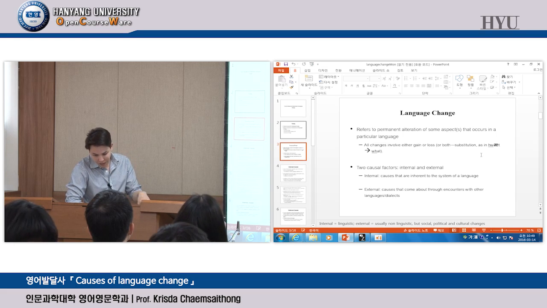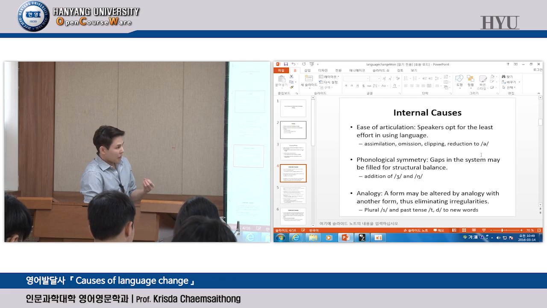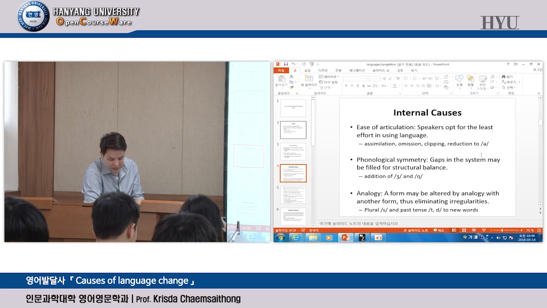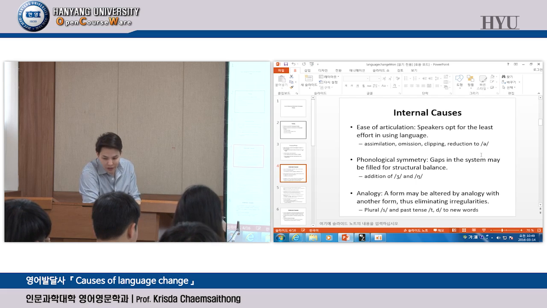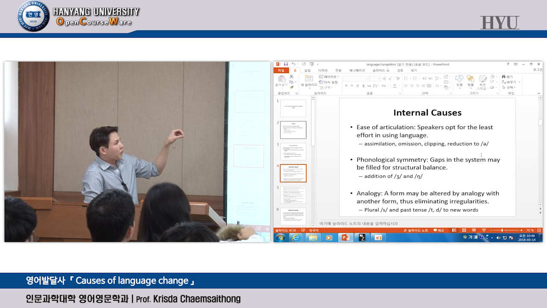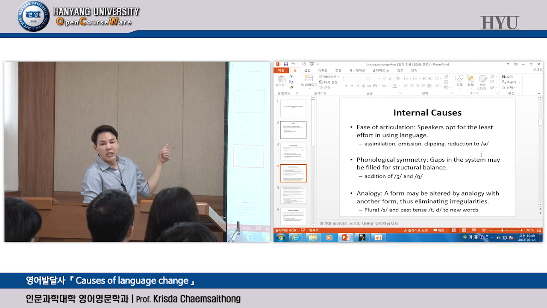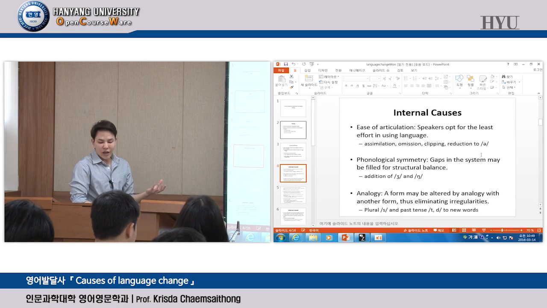So we'll talk about the internal causes first. Internal causes have to do with natural processes of language changing, right? For example, ease of articulation, or you can call it ease of effort.